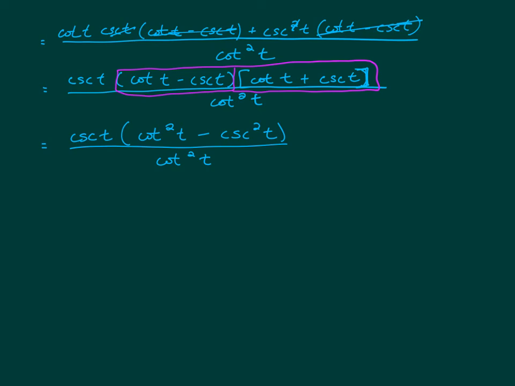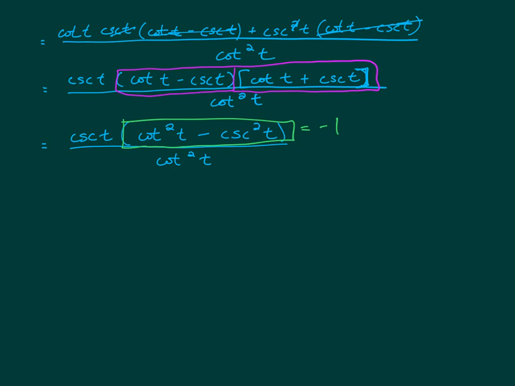And if you can recall all the way back from a few slides ago, these two trig functions are in the same Pythagorean identity, and that this whole thing here will simplify to -1.